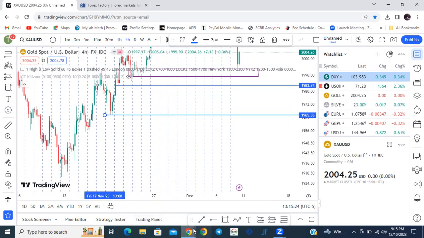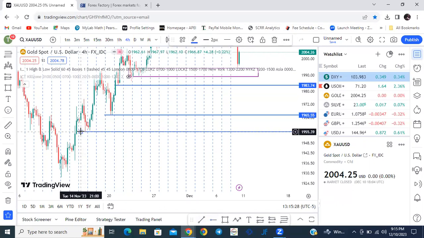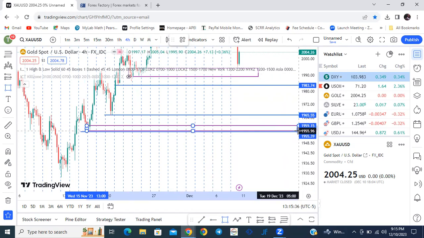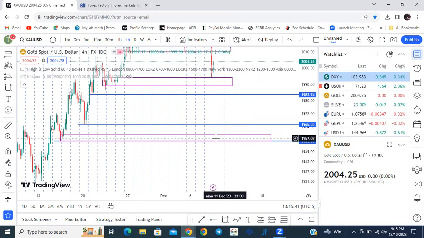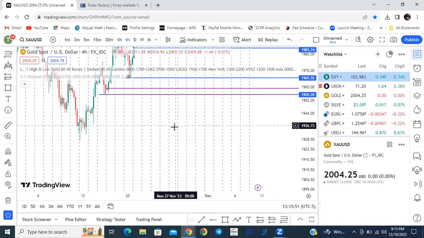And then we might also want to see the price come all the way to 1955 to take those liquidities. But remember here we have a demand zone on the 4-hour time frame, so the price might react at this level. Once the price reaches here, we might want to anticipate an upward movement.